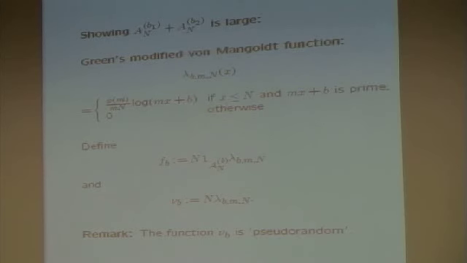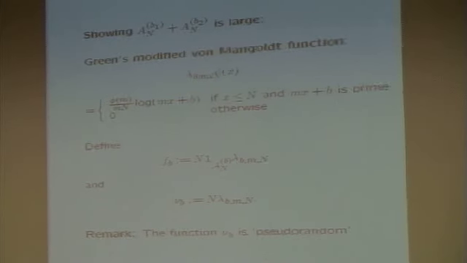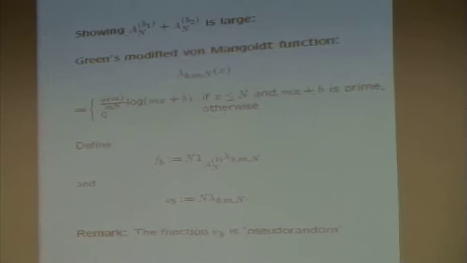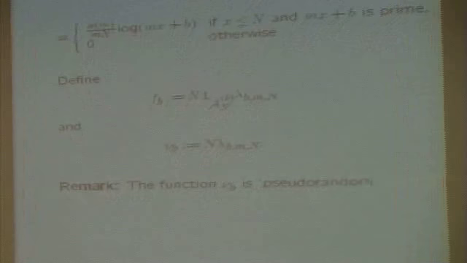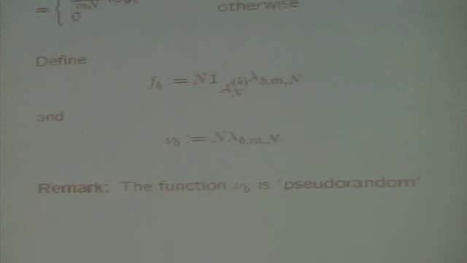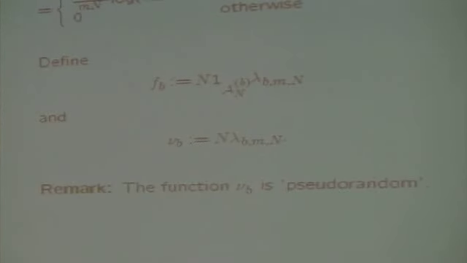Then he defines functions f and nu. You can think of f like the random case: it's a weighted version of the characteristic function of the set A. And nu_b is what replaces w. nu_b is a pseudo-random function, and we have similar Fourier analytic bounds on nu_b to those we had on the characteristic function of W.